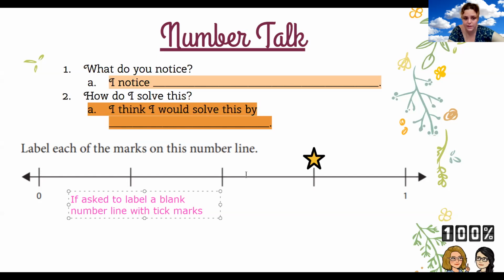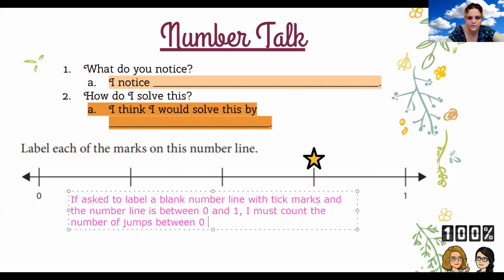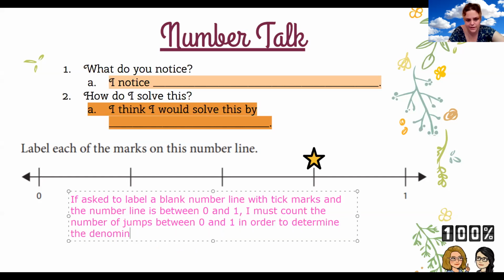If asked to label a blank number line with tick marks, and the number line is between 0 and 1, I must count the number of jumps between 0 and 1 in order to determine the denominator. Okay, that's what we did. We counted the jumps in order to figure out that the whole has been partitioned into 4 parts in order to determine the denominator.